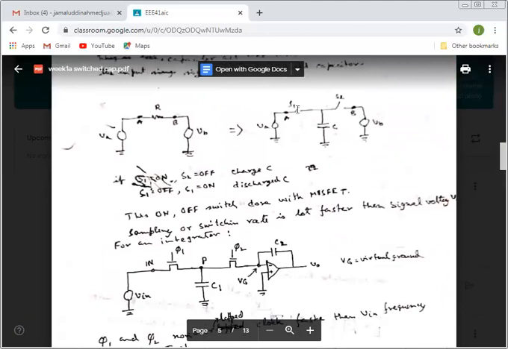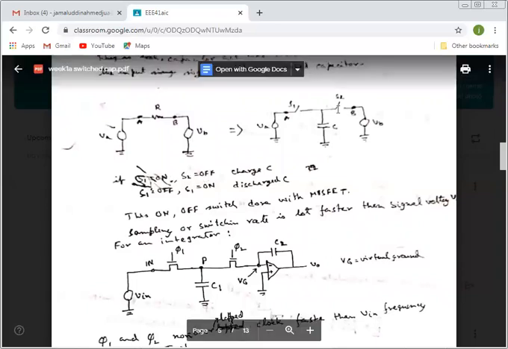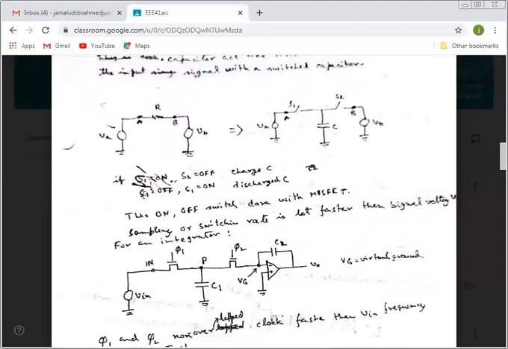When S1 is on, S2 will be off. When S2 is on, S1 will be off. So if S1 is on and S2 is off, then capacitance C will be charging. When S1 is off and S2 is on, then it will be discharging.